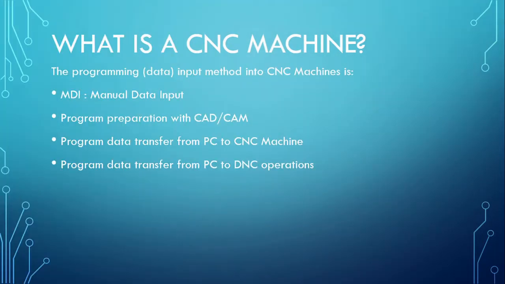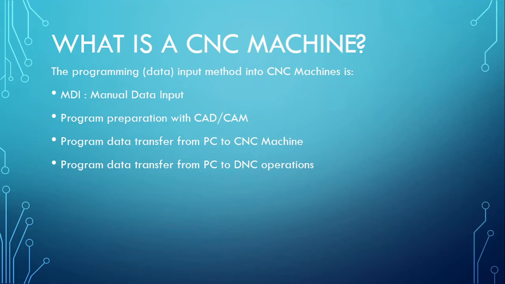The methods by which the part program can be input into the CNC machine are basically through these 4 means. Number 1 is the manual data input. Number 2 is the program preparation with CAD/CAM systems. Now, there are some CAD/CAM systems that when you create your part on them, you can equally generate the part program directly.